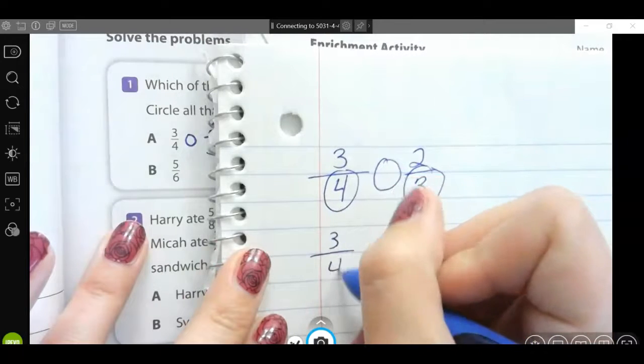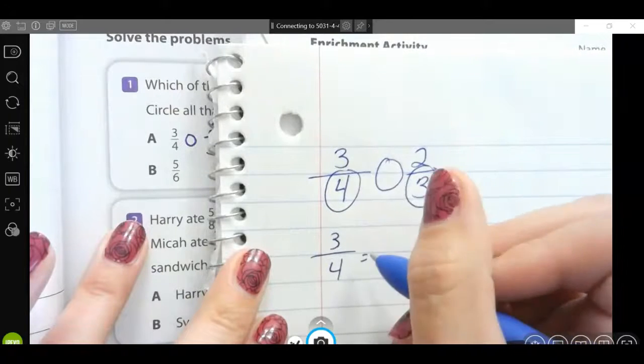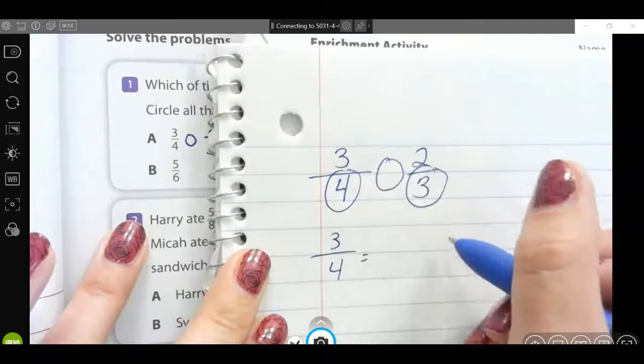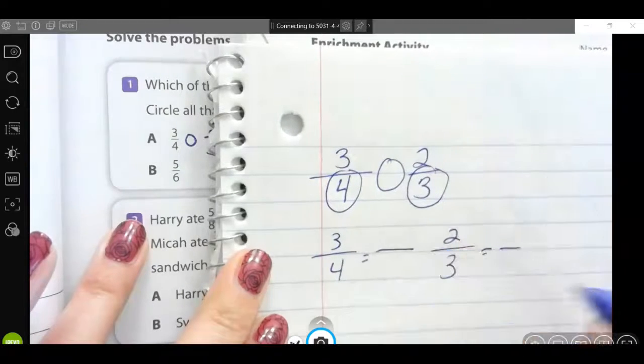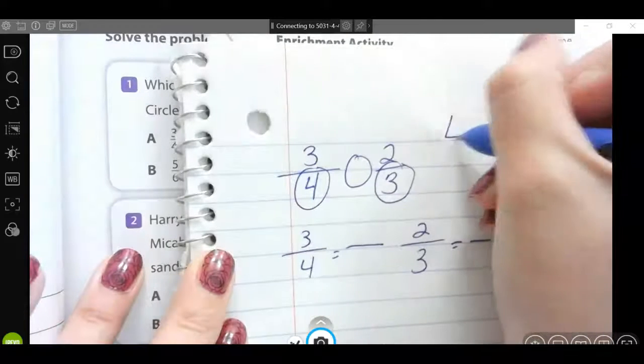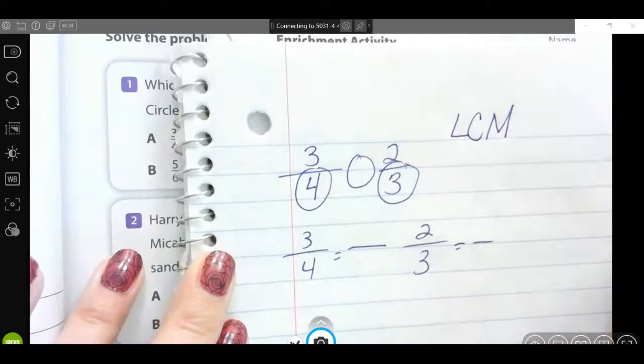Well, if I want to make 4 and 3 the same number, what would I make it? 12, yes, because if you skip count by 4, you get 12. And if you skip count by 3, you get 12. Remember we called that least common multiple, right?